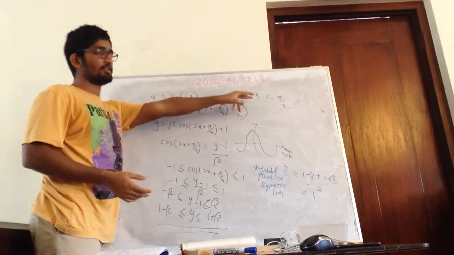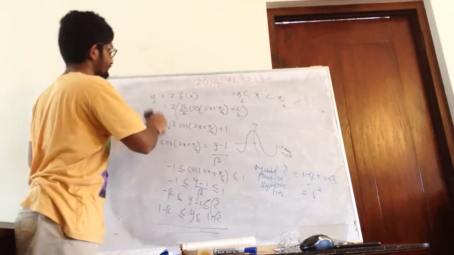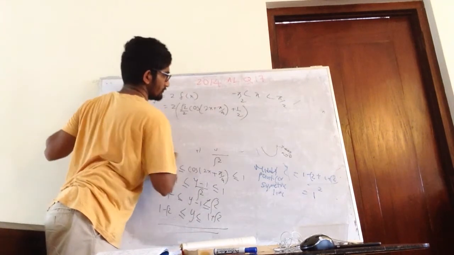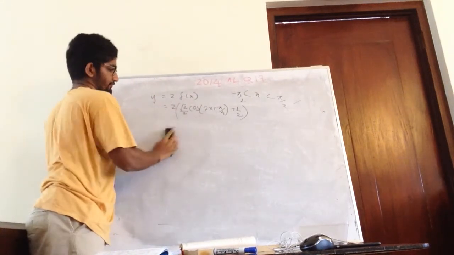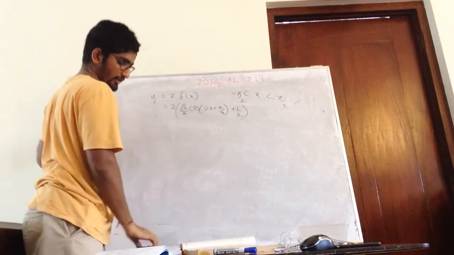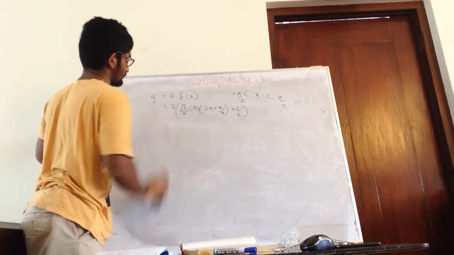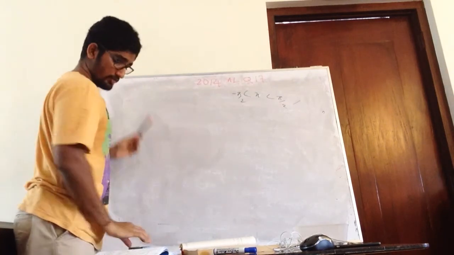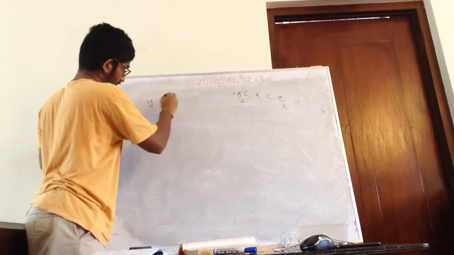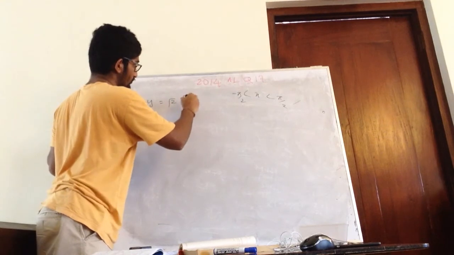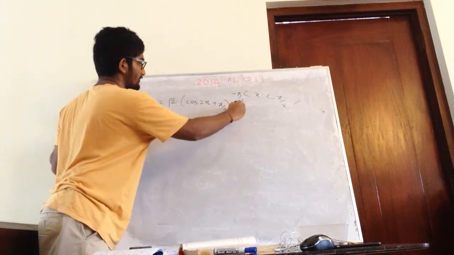So now they have given the range of x. Right, so we need to evaluate that as well. So what is y? y is square root 2 cos of 2x plus 5 over 4 plus 1.